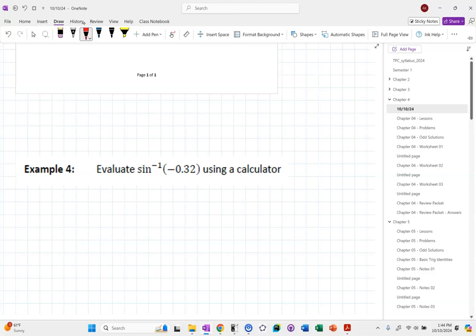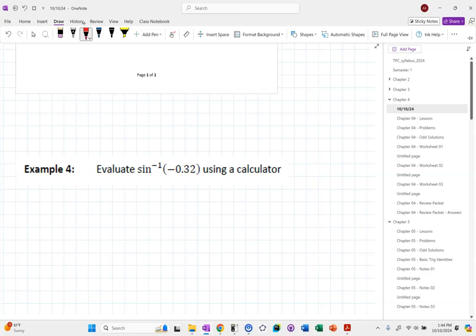What in here is telling me that? The fact that negative 0.32 is not a unit circle value, right? Our unit circle numbers are like 0, a half, root 2 over 2, root 3 over 2, 1, or some combination of those where you're doing division, right?